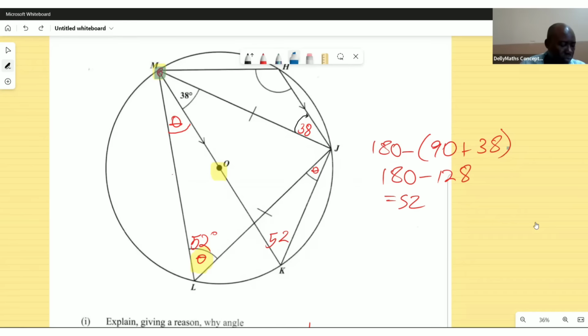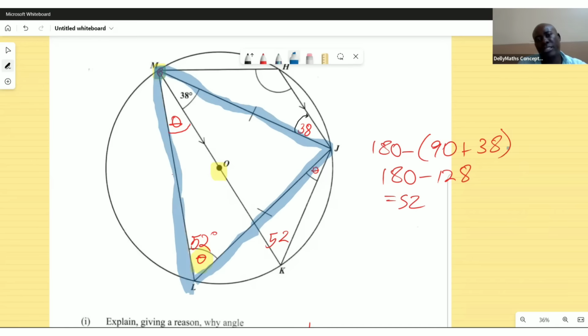LMK. L to M to K. Remember, we have an isosceles triangle running. So I'm going to highlight the isosceles triangle. This isosceles triangle will give us a big clue right now. This side is that side, so the base angles are equal.